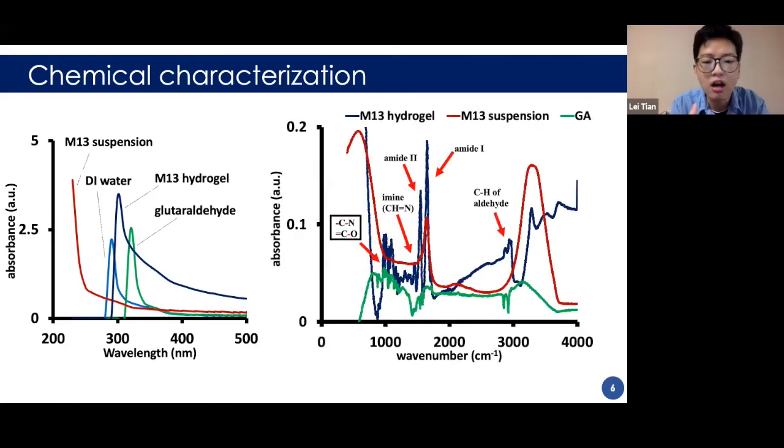The FTIR shows two fingerprint peaks corresponding to amide. There are multiple new absorption peaks. The most important one is imine, the carbon-nitrogen double bond, which can be the reason for the fluorescent property.